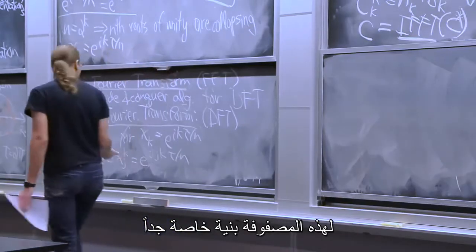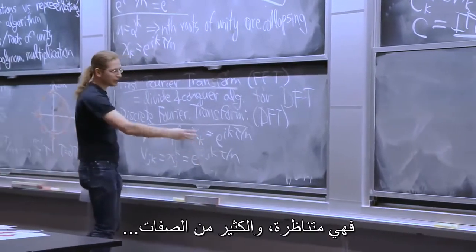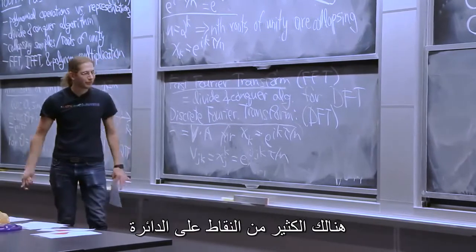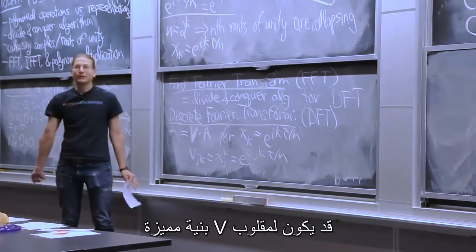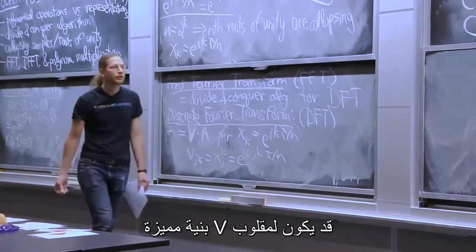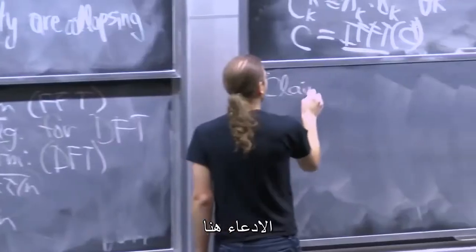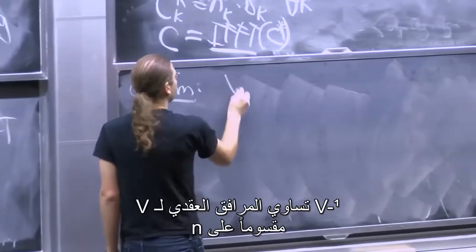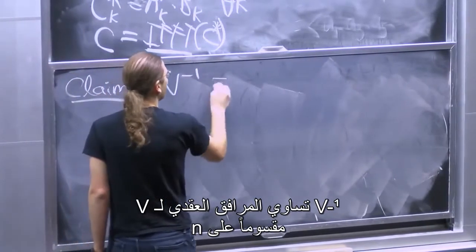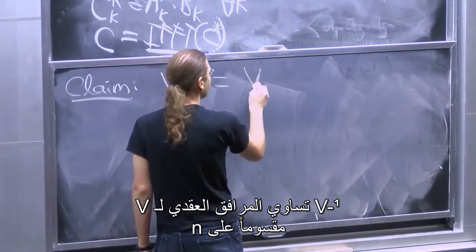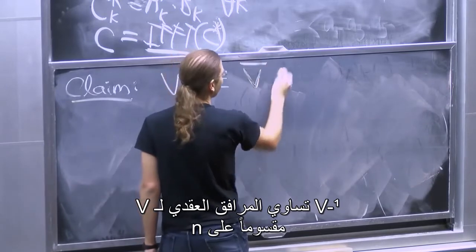This matrix has a super special structure. It's symmetric, looks like lots of points on a circle. Maybe V inverse has a nice structure. And it does. The claim is V inverse is V complex conjugate divided by n.